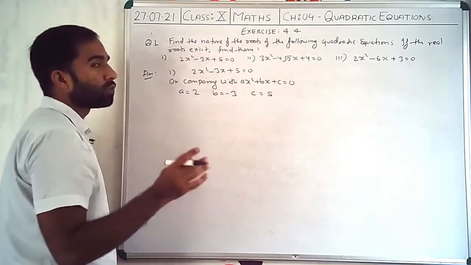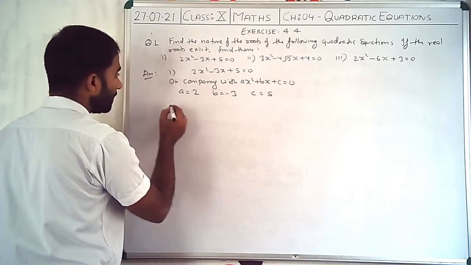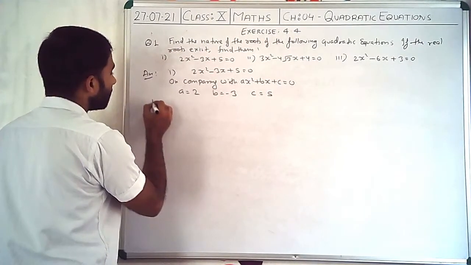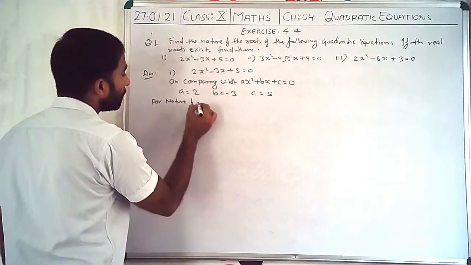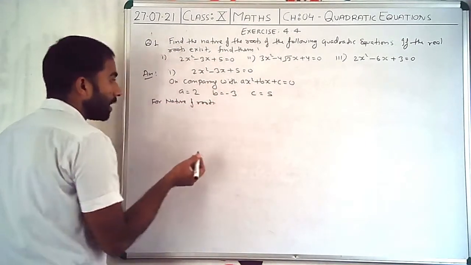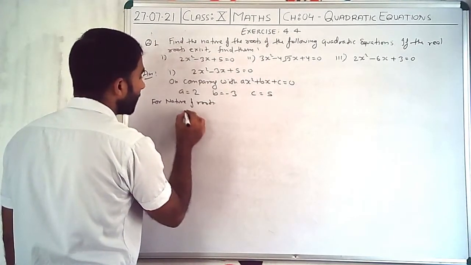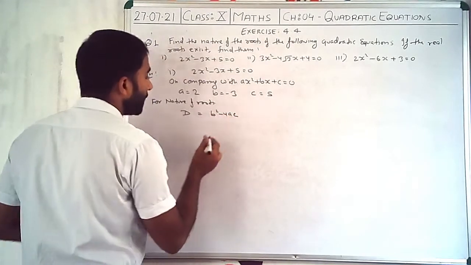Now we are going to find the nature of the roots. For the nature of roots we will use b square minus 4ac. So D is equal to b square minus 4ac.